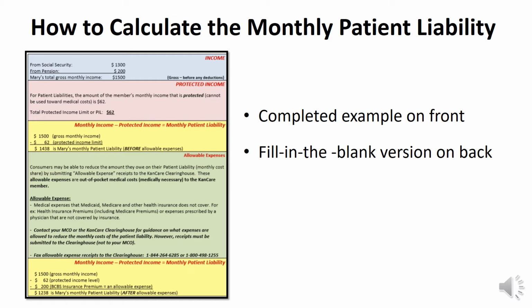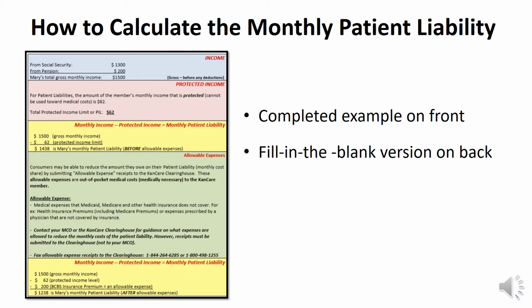That gives us a lower patient liability of $1,238 a month that Mary is responsible for. That's her cost share for nursing facility coverage after the allowable expense has been added in.